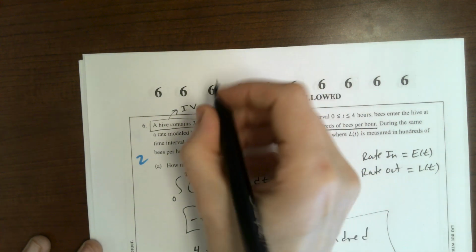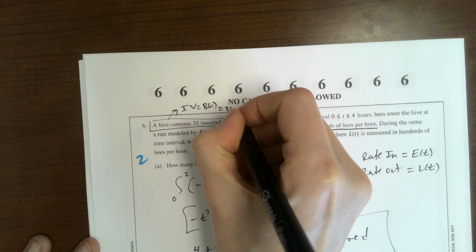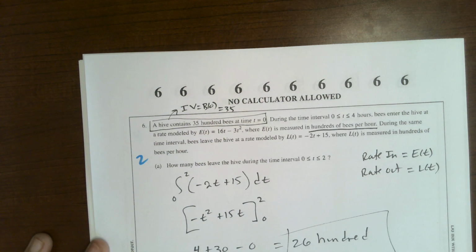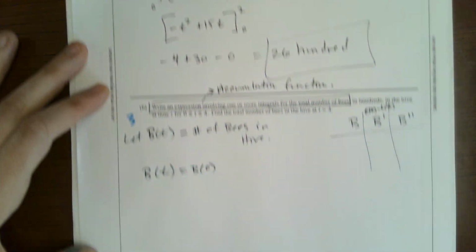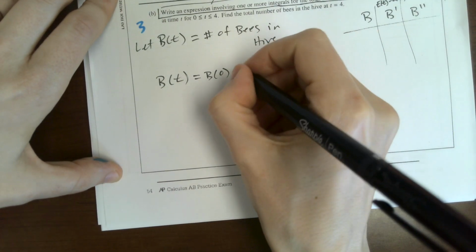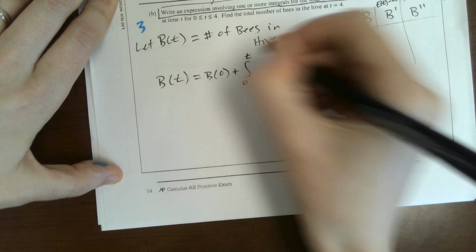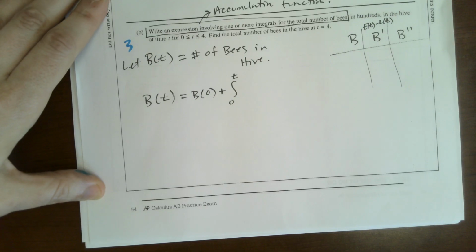So they're telling us here that B of 0 is 3,500 bees. B of 0 is my initial value. And then you add to it the integral from 0 to t. t is the variable. It could be anything from 0 to 4.